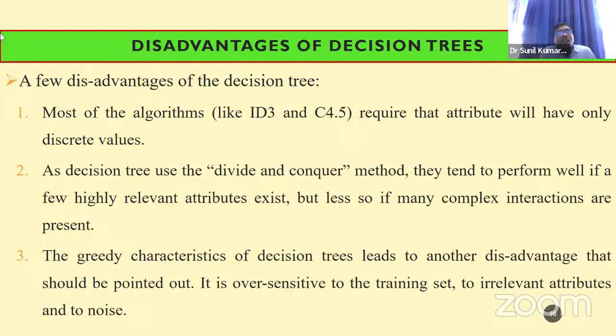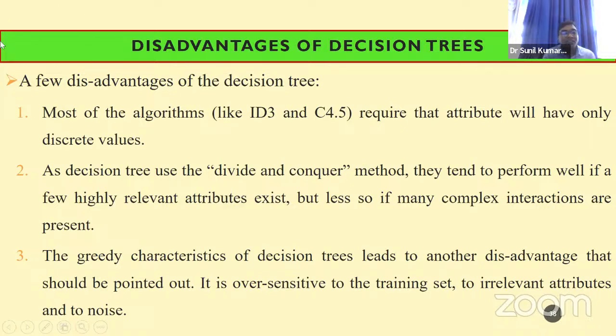If you look at outlook, humidity, wind, and temperature in the previous discussion, the information gain values were differing, and that's why outlook was chosen as the root attribute. Now if all these values are the same, then in those cases a decision tree may not be preferred.